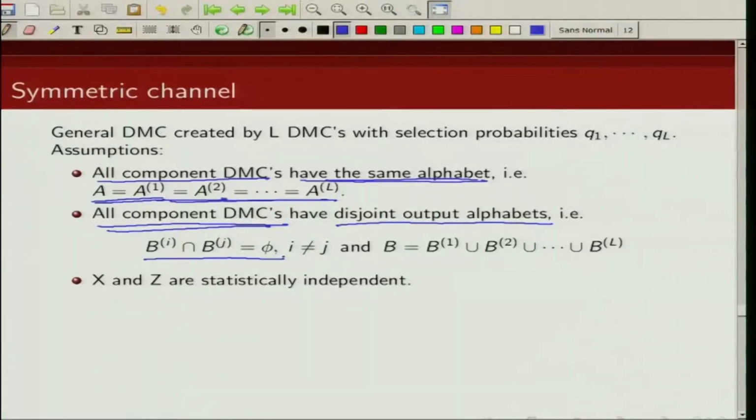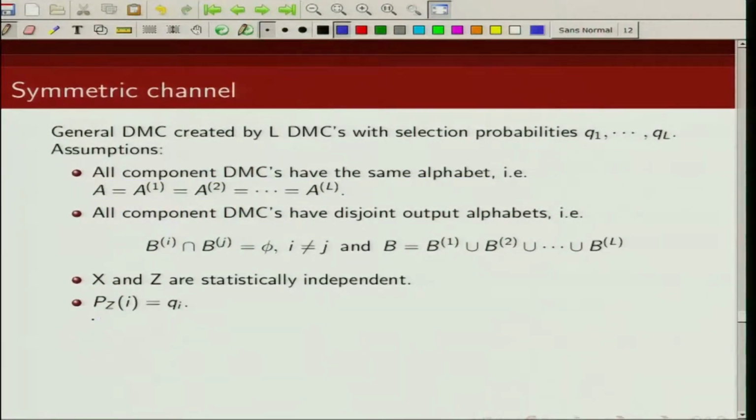So the intersection of Bi and Bj is empty, and of course the union of all these L disjoint sets should be my overall output letters. And this selection, denoted by the random variable Z, is independent of X, and the selection probability is given by Qi.